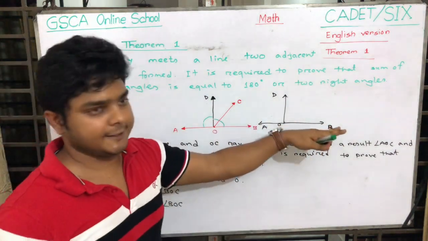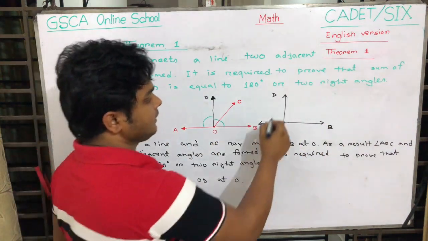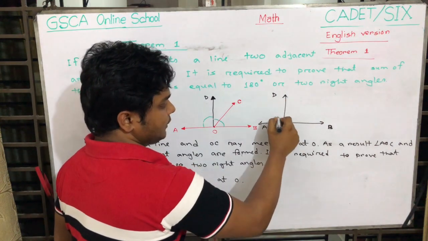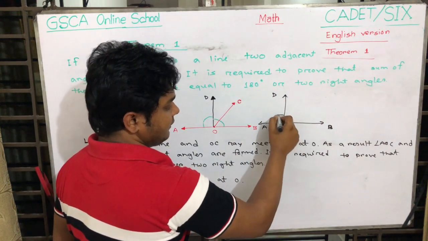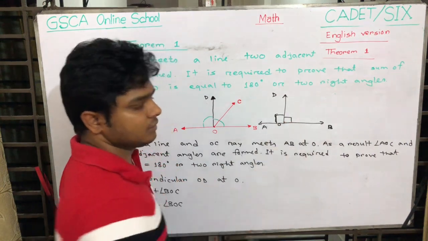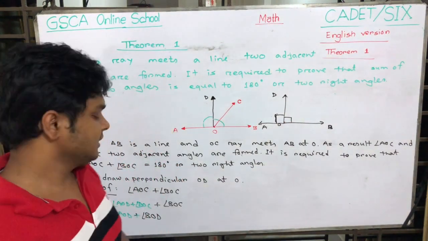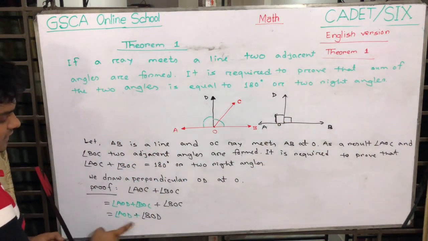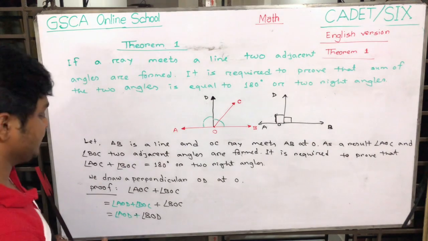Now tell me, AB was a line and OD is the perpendicular. If OD is the perpendicular, this one is 90 degrees. If this one is 90 degrees, this one must be 90 degrees, right? So this one is 90 degrees, and this one is also 90 degrees. So what can we write?